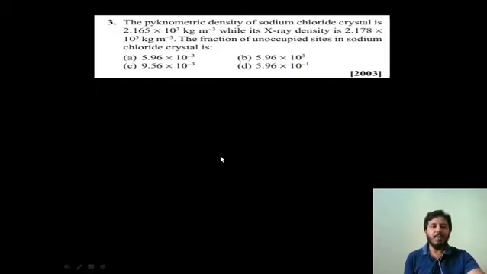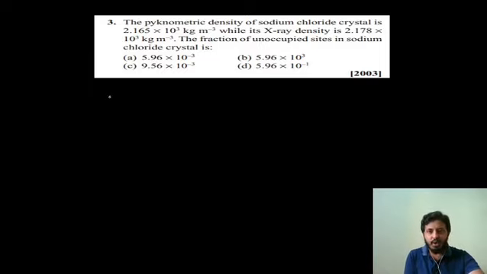3. The picnometric density of sodium chloride crystal is 2.165 into 10 power 3 kg per meter cube, while its X-ray density is 2.178 into 10 power 3 kg per meter cube. The fraction of unoccupied sites in sodium chloride crystal is. So here we have to calculate the fraction of unoccupied sites.